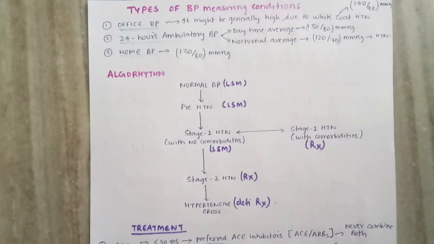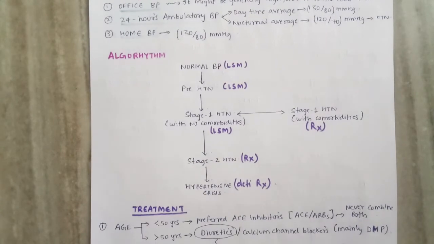If the patient is in stage 1 of hypertension without comorbidities, we ask them to do lifestyle modification instead of taking any drugs. We are not going to prescribe medicine for them.